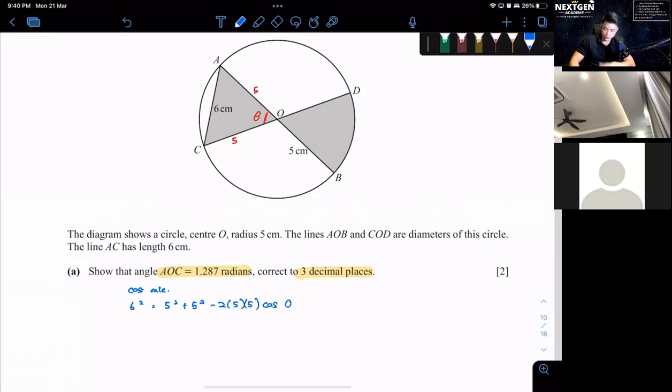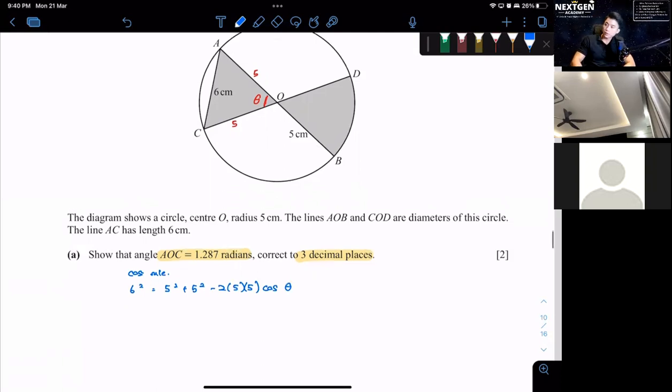Your theta here will be the AOC. Just type in the calculator and rearrange everything. Your cos theta will be 0.28.